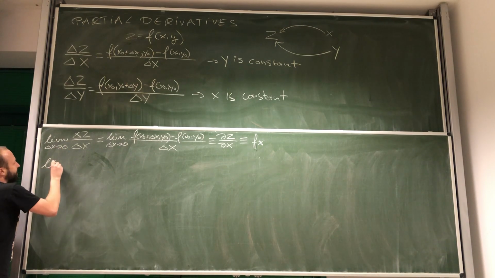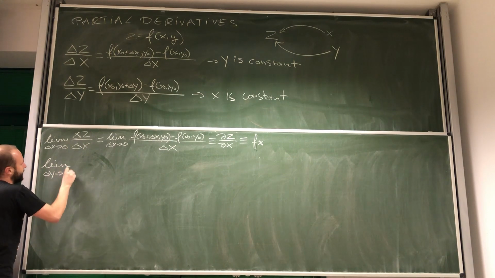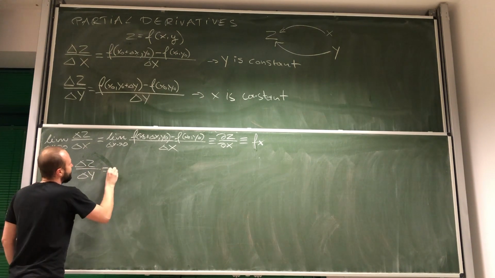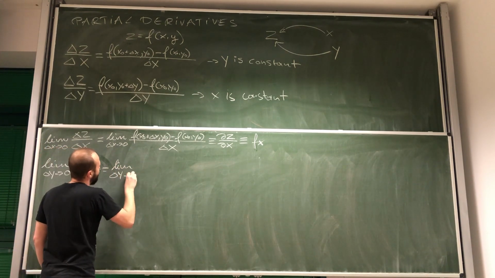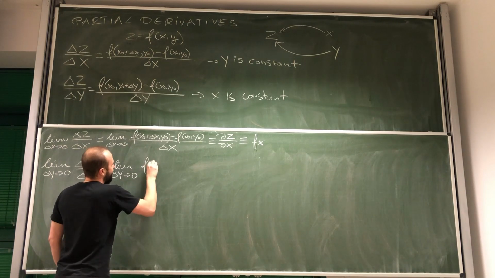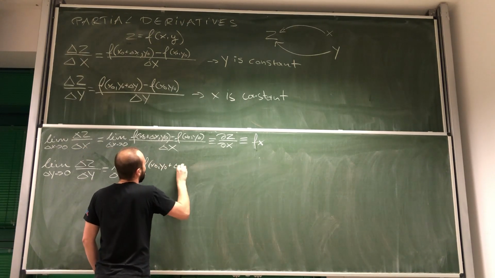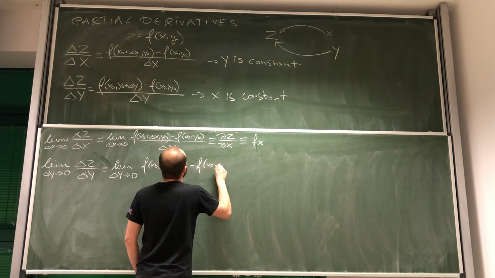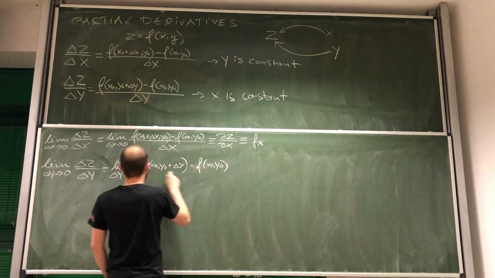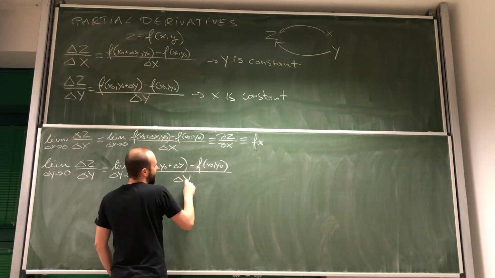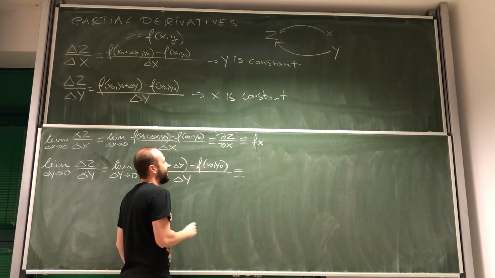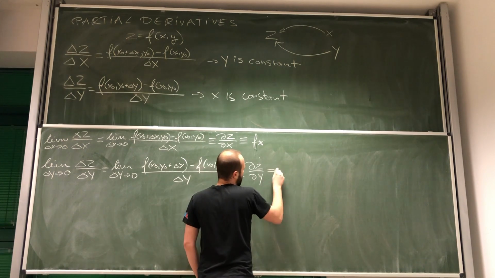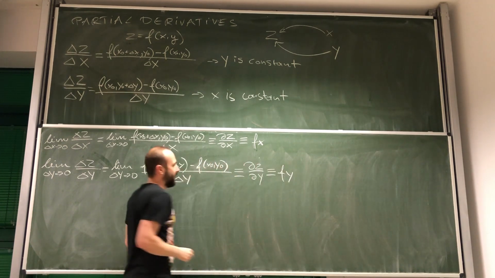It is going to be the limit with delta y approaching 0 of the difference quotient delta z over delta y, which is the limit with delta y approaching 0 of f of x0, y0 plus delta y minus f of x0, y0 over delta y, which we can write as dz dy or f y.